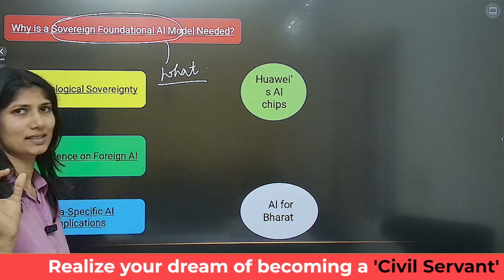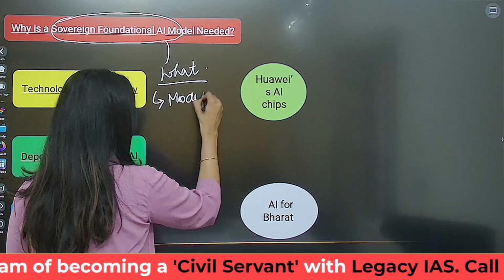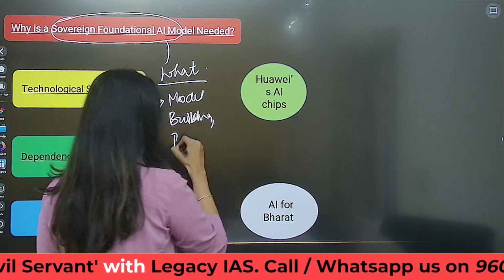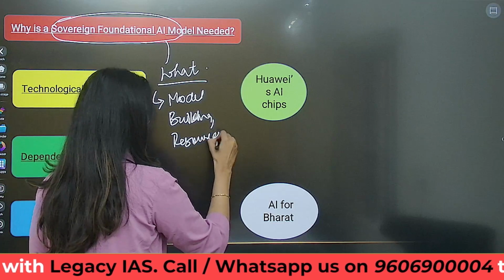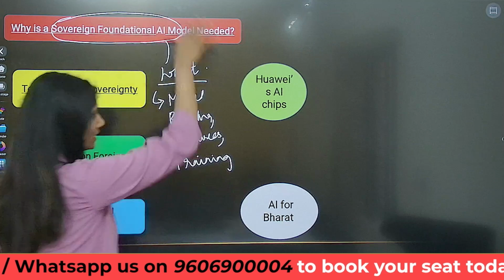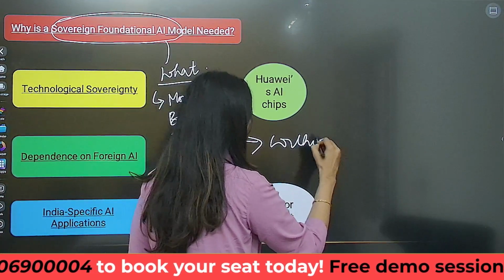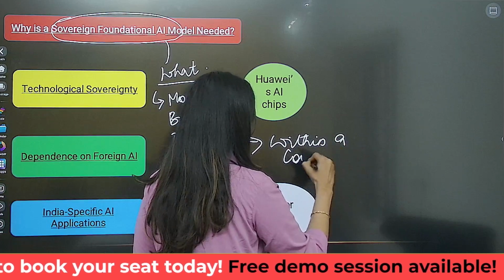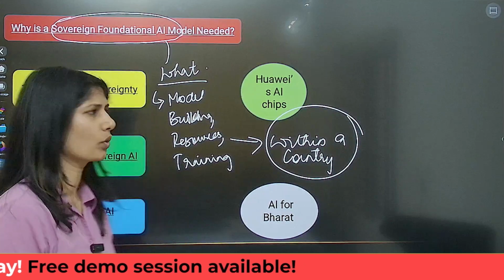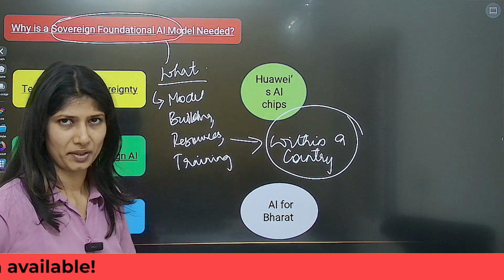It is as simple as the model building, the resources, training, etc. of this AI model all being within a country to suit its local requirements, and it also doesn't have to rely on any other country.